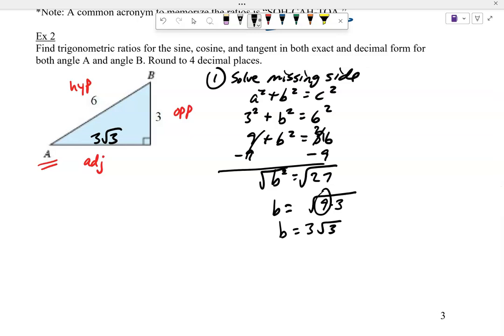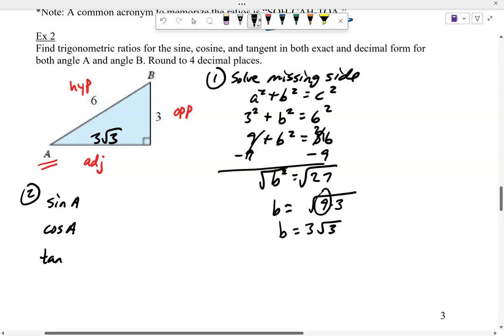And now we're going to do the sine of A, the cosine of A, and the tangent of A. Oh, heck, another hour of algebra, or SOHCAHTOA, however you want to remember that.